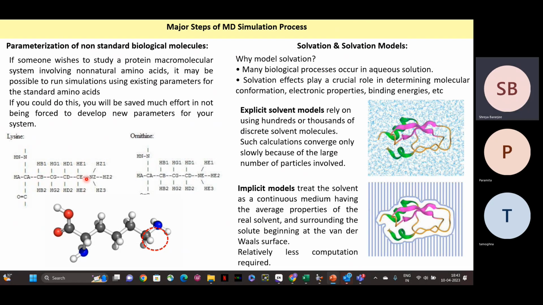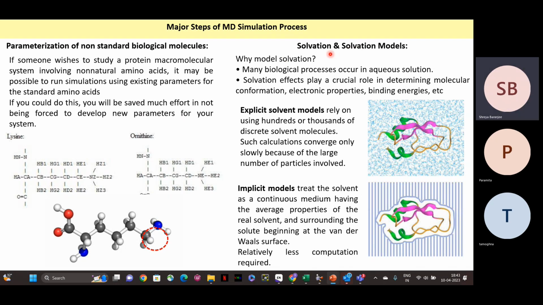So lysine has 4 CH2, then NH2, and ornithine has 3 CH2 and then NH2. So you can modify the parameter file, because the coordinates of the first 3 CH2 will be the same, and the coordinates of the NH2 can be predicted from lysine. So you can modify the parameters of lysine itself, and you don't have to put time and effort into developing a new parameter file.